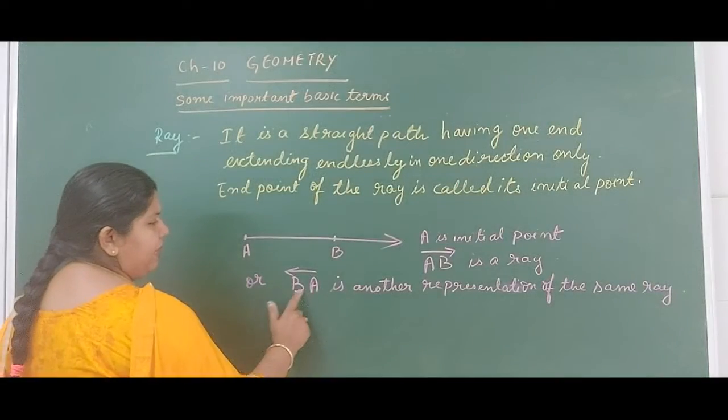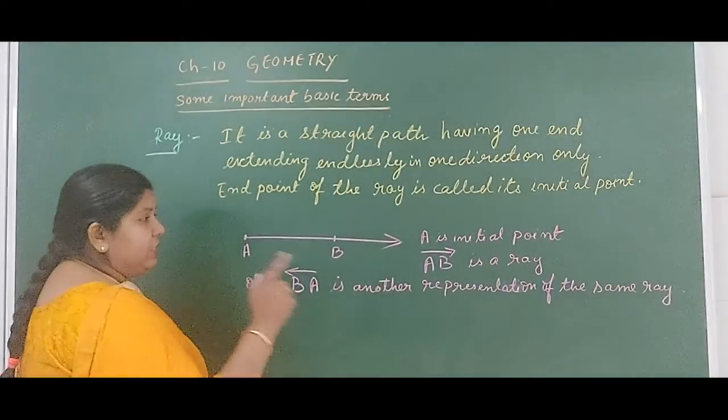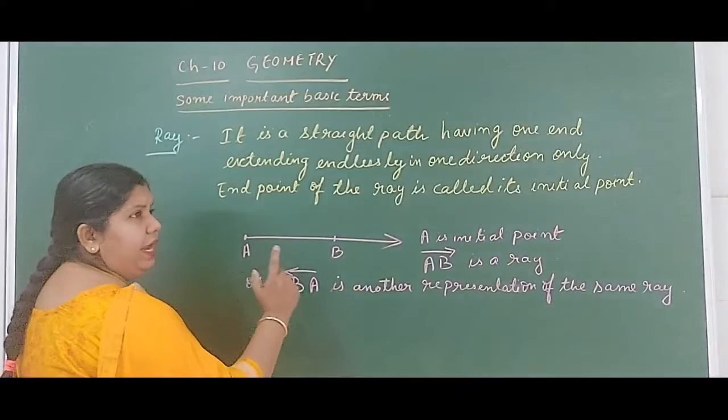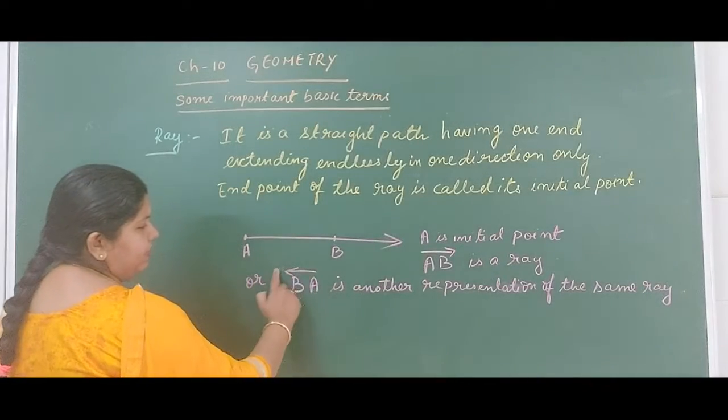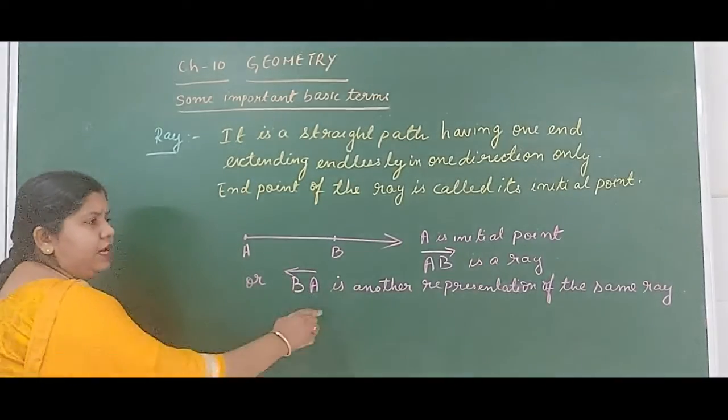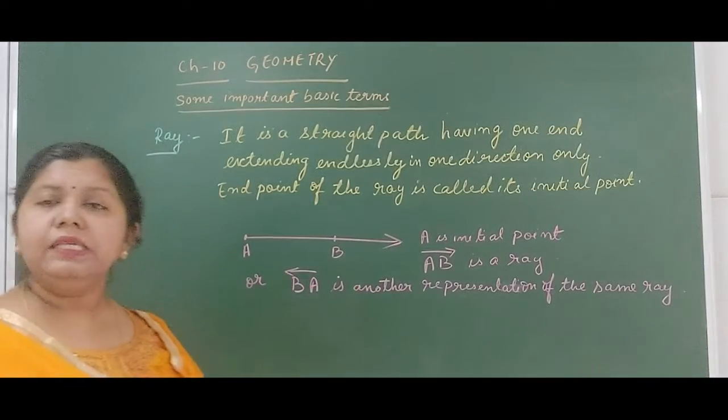It is written BA, but the arrow direction is changed, because it is from A to B, so the arrow faces in the opposite direction. This is another way of representing the same ray.